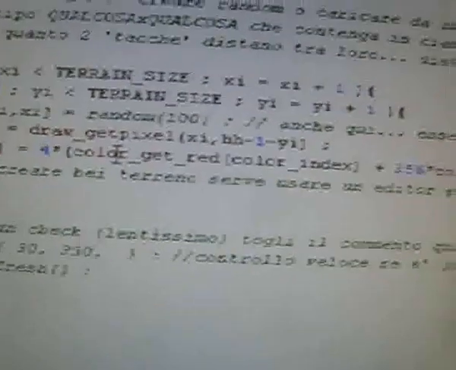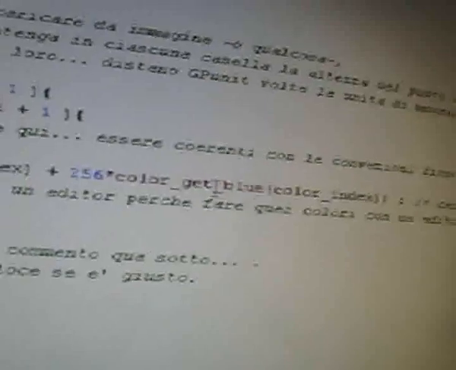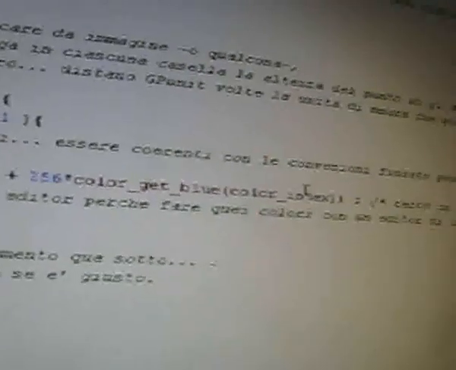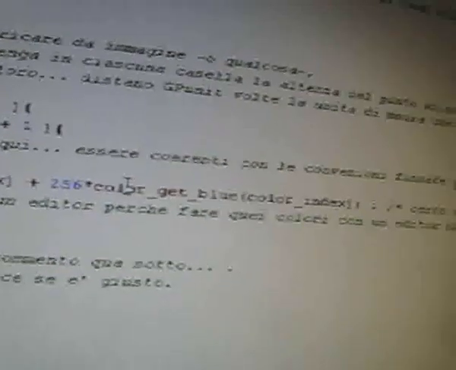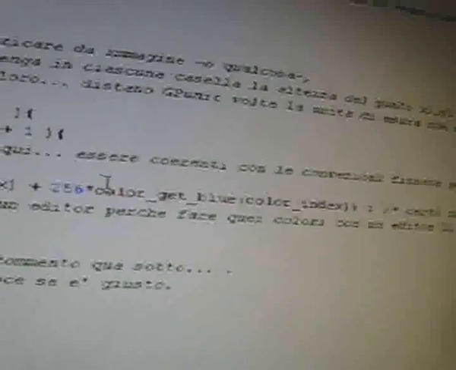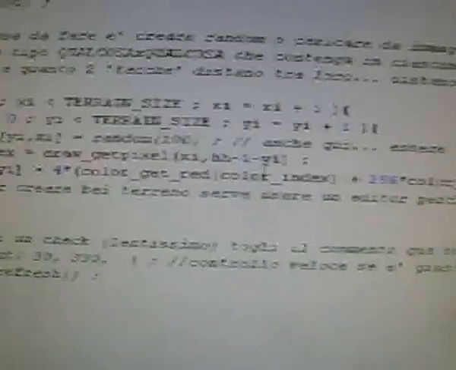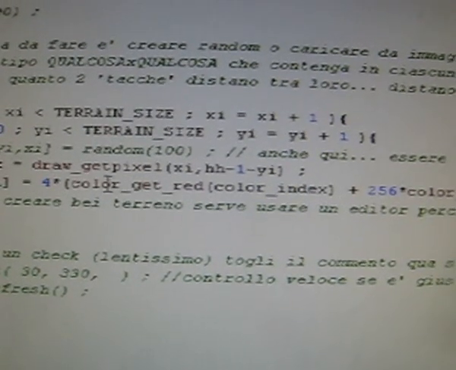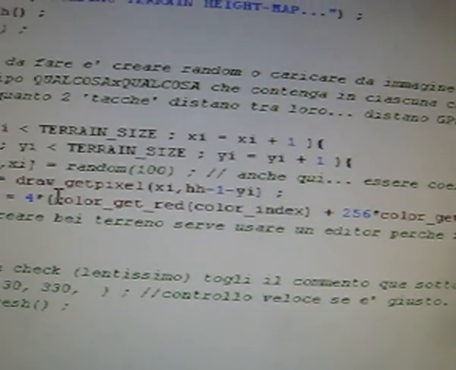one puts a certain tonality of the blue too, that raises the terrain by 256 units, and one can add to it a red component.